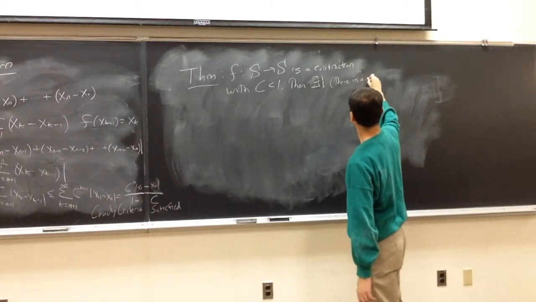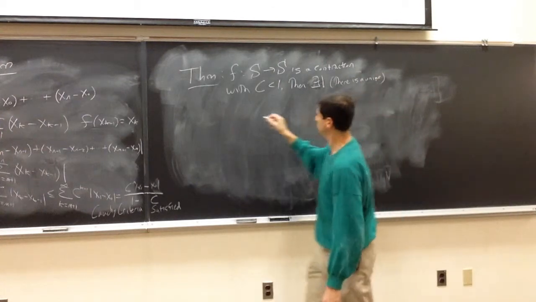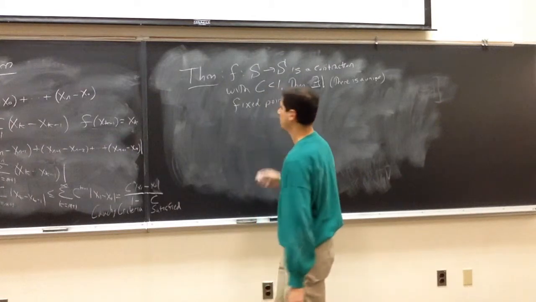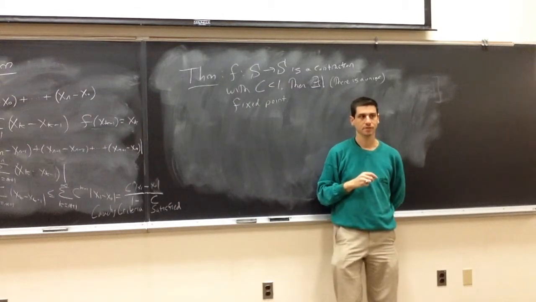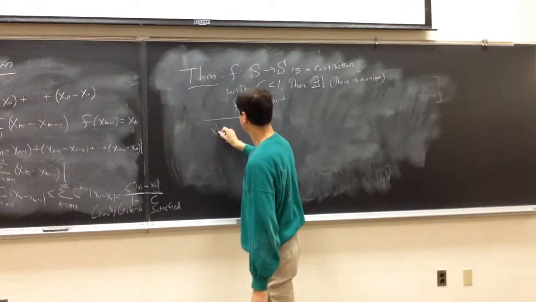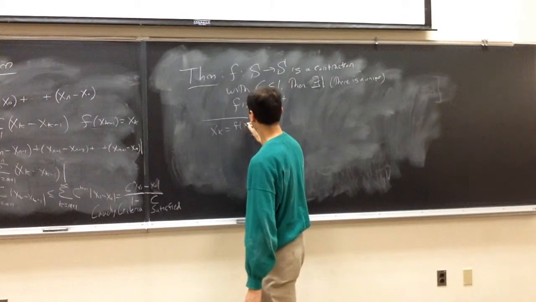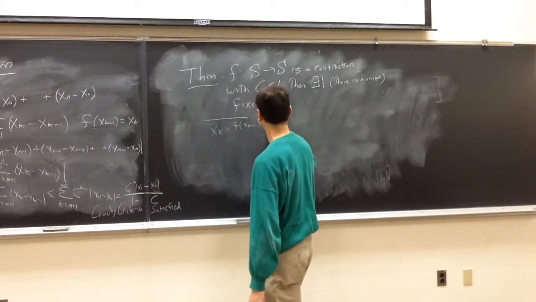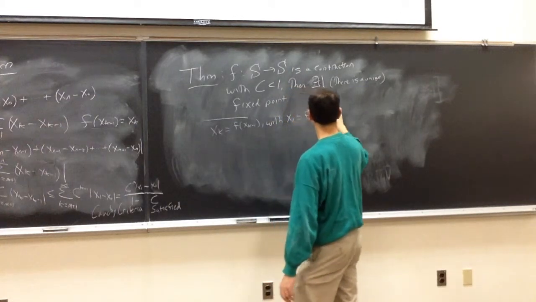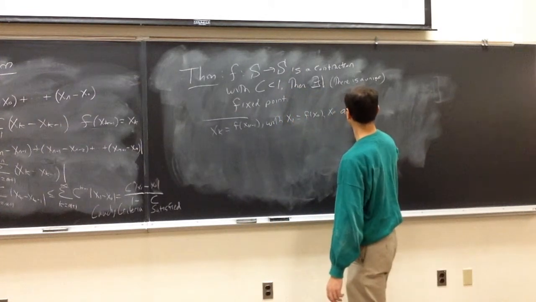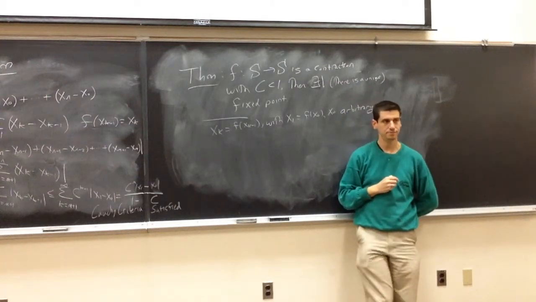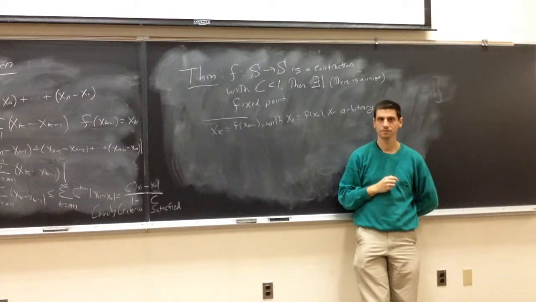There is a unique fixed point. And what we can do is we can let x_k be f of x_{k-1} with x_1 equal f of x_0. x_0 is arbitrary.